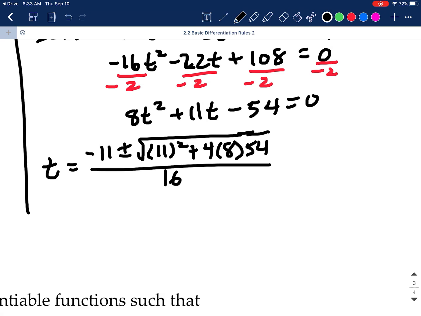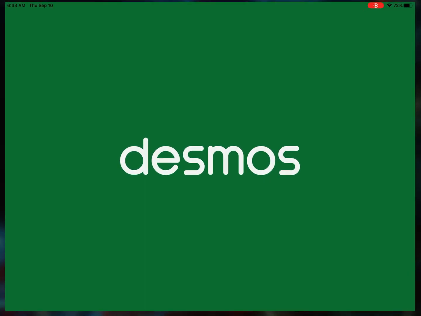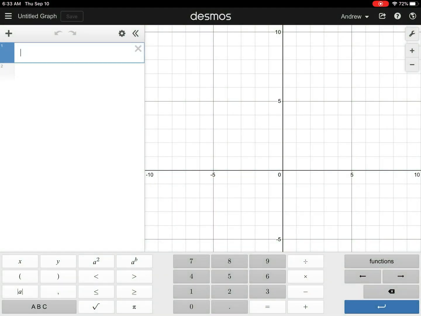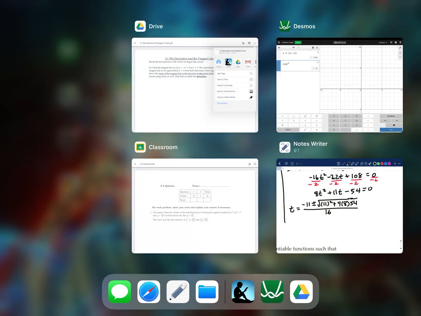So let's see, 4 times 8 times 54. Let's go ahead and calculate that real fast. Plus 11 squared is 121, which is 1849. So what is the square root of 1849? 43. All right, so it does factor.